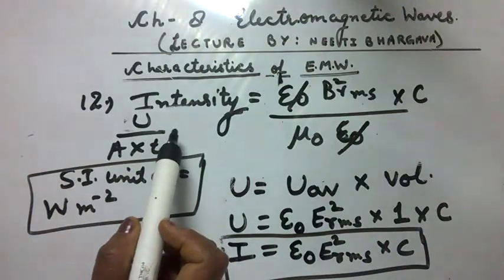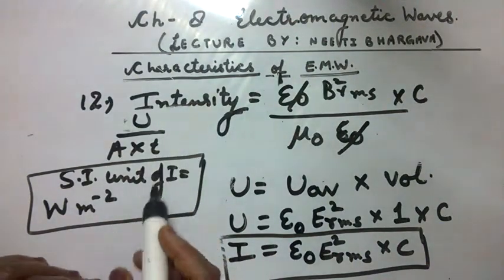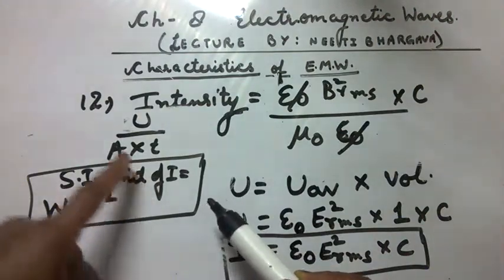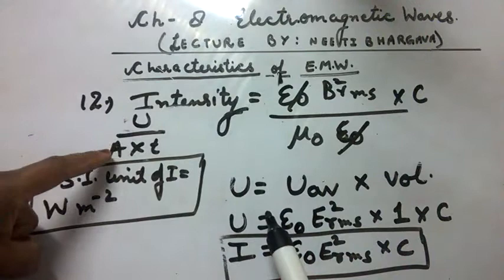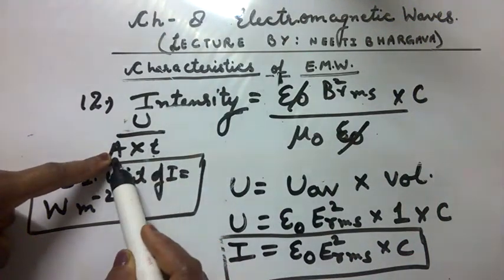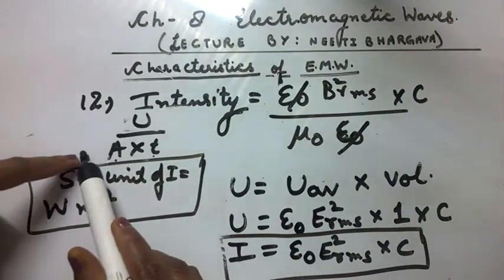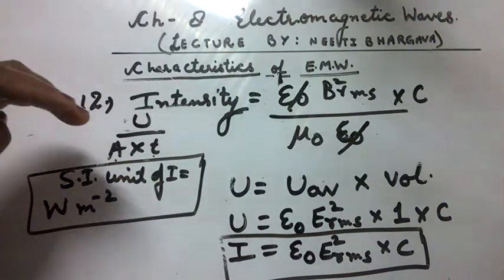Poynting vector is the energy carried by wave per unit time per unit area. The energy carried by the wave per unit time per unit area is known as Poynting vector, and it gives the direction of propagation of a wave, towards the direction of velocity of a wave.